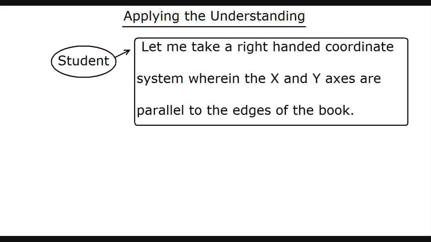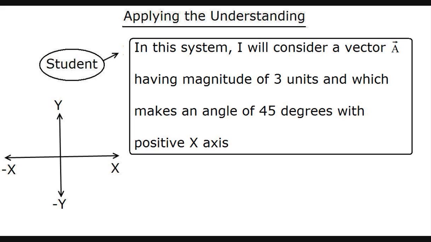Let me take a right-handed coordinate system wherein the x and y axes are parallel to the edges of the book. In this system, I will consider a vector, a bar, having magnitude of 3 units, and which makes an angle of 45 degrees with positive x-axis.